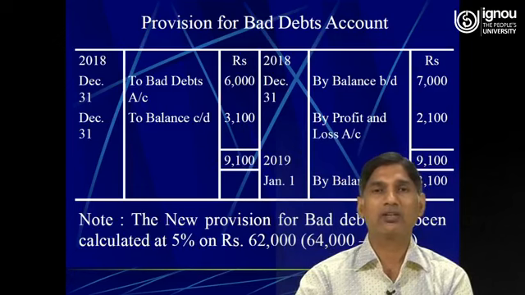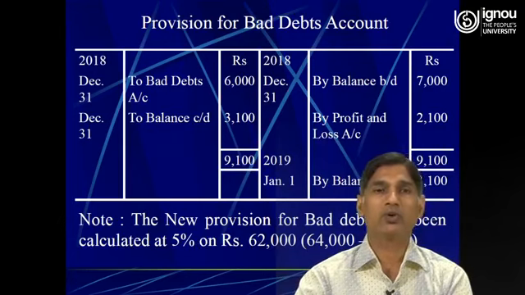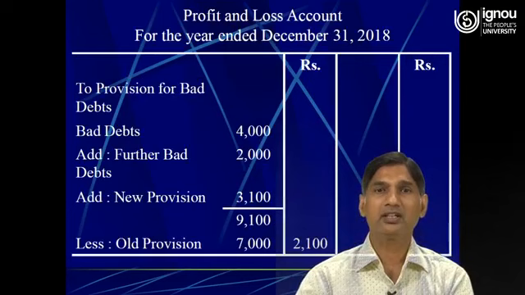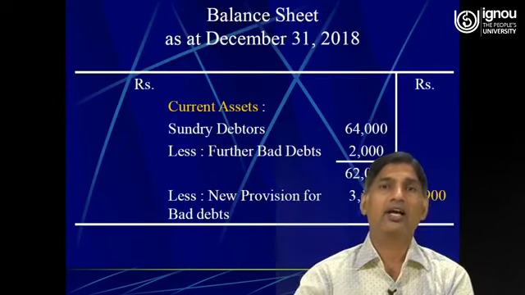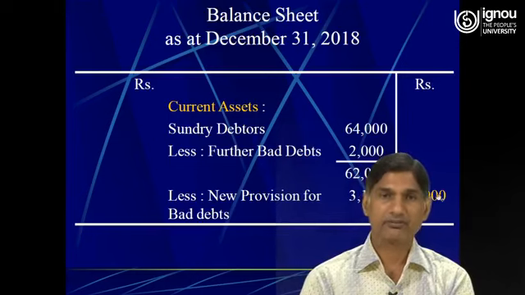The amount of further bad debts was 2,000, so the net amount is 62,000, and out of 62,000 the new provision must also be subtracted, and the new provision is 3,100. Therefore the net amount of debtors would be 58,900, which must be shown in the asset side of the balance sheet, 58,900.